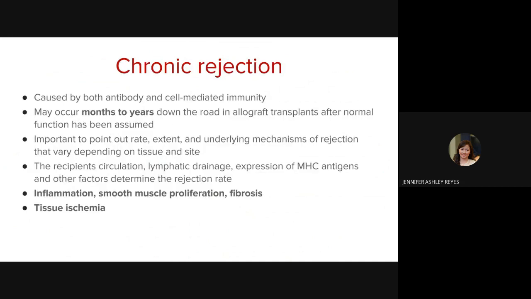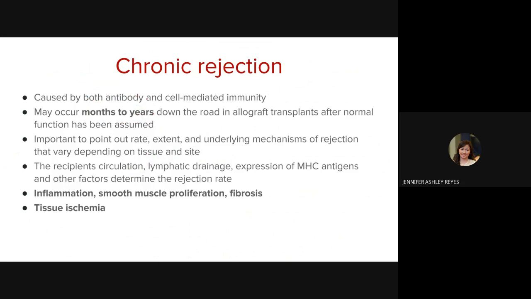So, this is another discussion of the chronic rejection. It can occur from months to years, and the underlying mechanisms of rejection can vary depending on the tissue and the size. So, pwedeng sa circulation, lymphatic drainage, expression of MHC antigens, and other factors will determine the rejection rate.